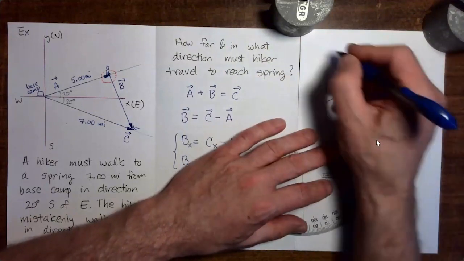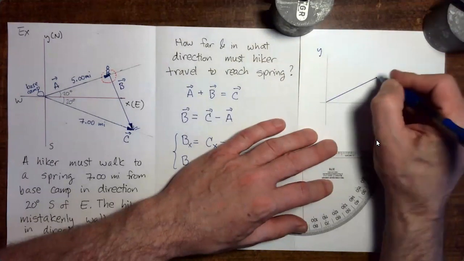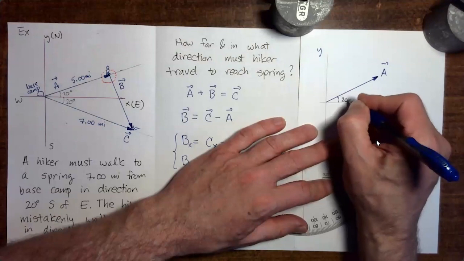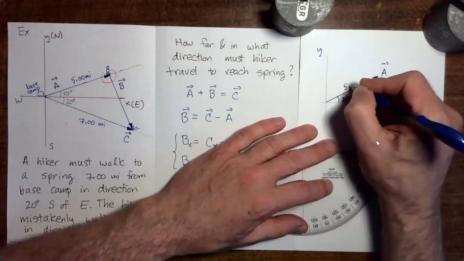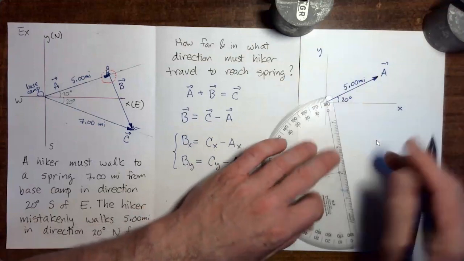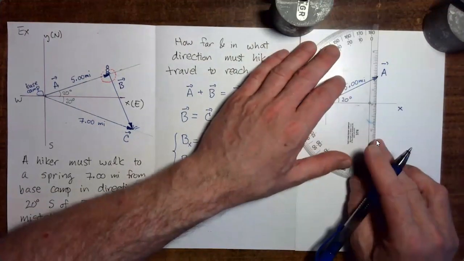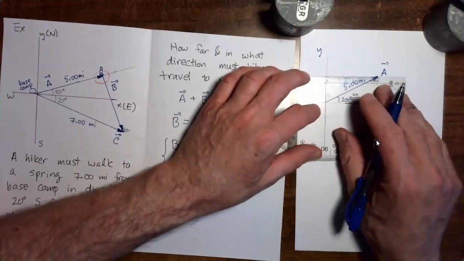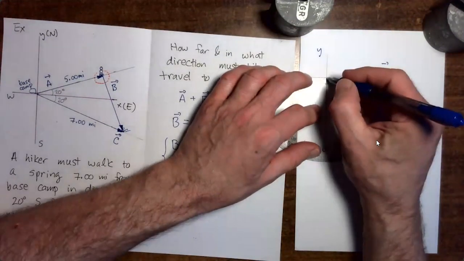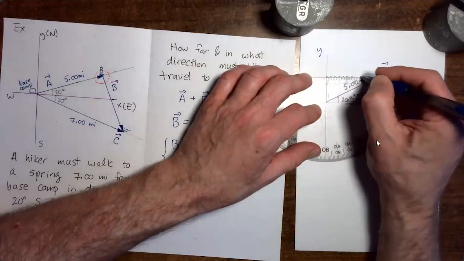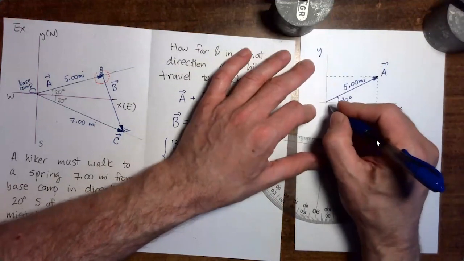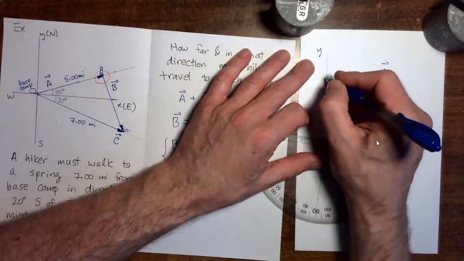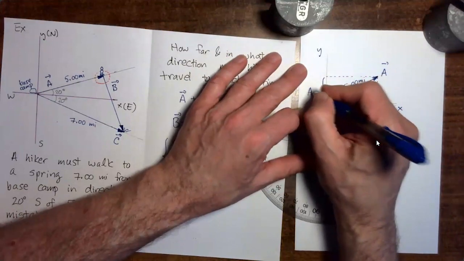Oops, x component, y component, here's vector A. So we have 20 degrees and then 5 miles. And then here we have the x component of A. And here we have the y component of A.